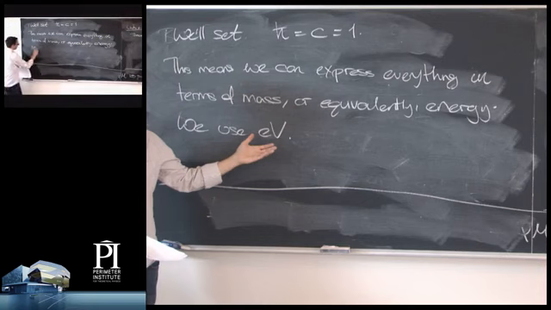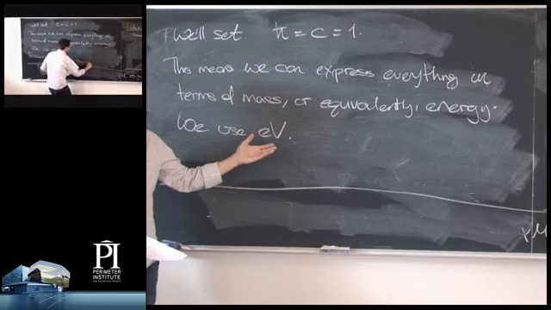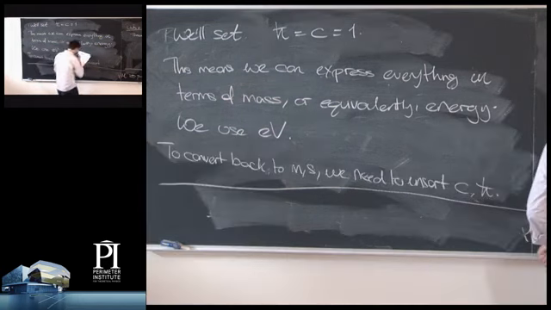And the usual particle physics energy scale is electron volts, or often MeV, GeV, or TeV, but some kind of electron volt. So then to convert back to meters, seconds, whatever, we need to insert c's and h bars just to get the units right.